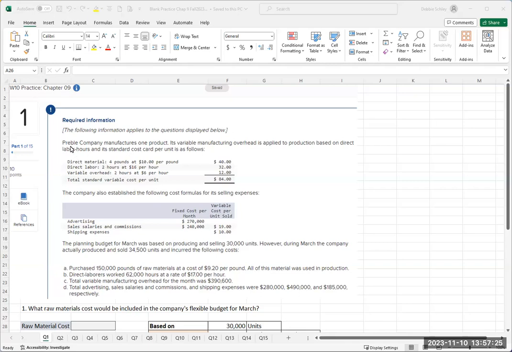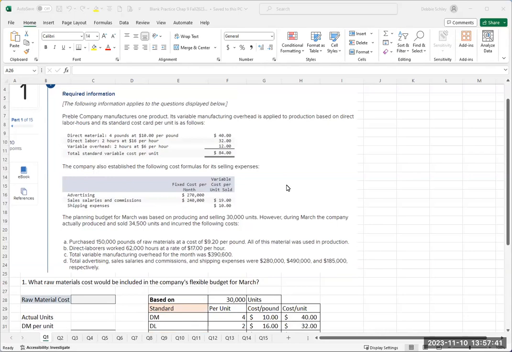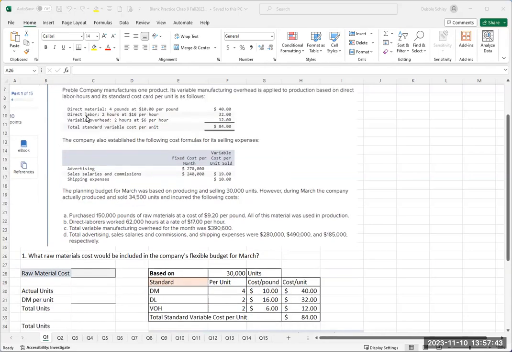All right. The Preble company manufactures one product. Its variable manufacturing overhead is applied to production based on direct labor hours, and its standard cost card per unit is as follows. So it gives me 4 pounds at $10 a pound for $40 a unit. 2 hours of direct labor at $16 an hour for a per unit cost of 32.